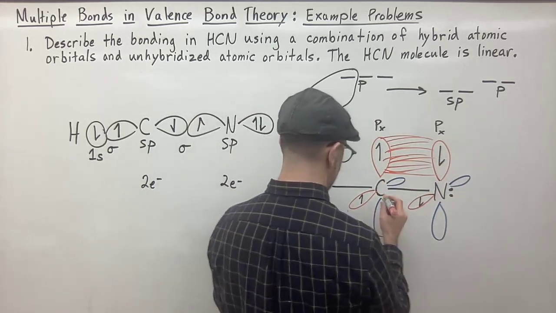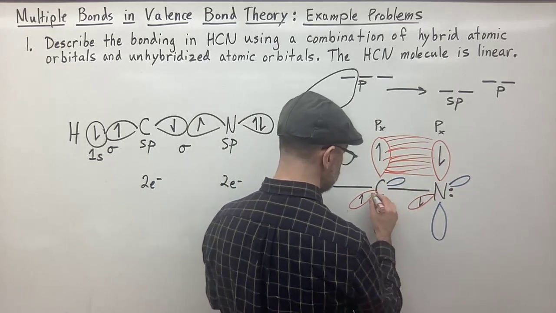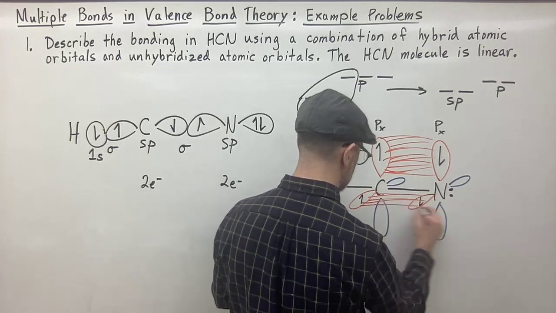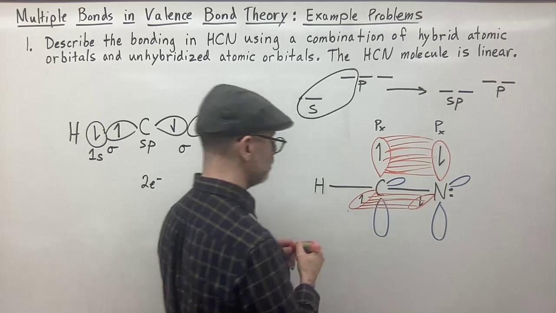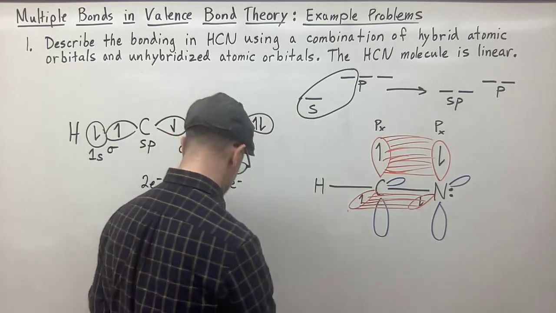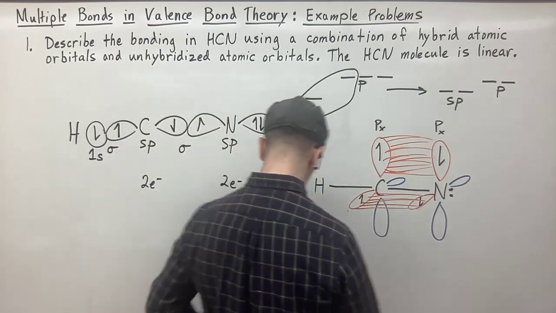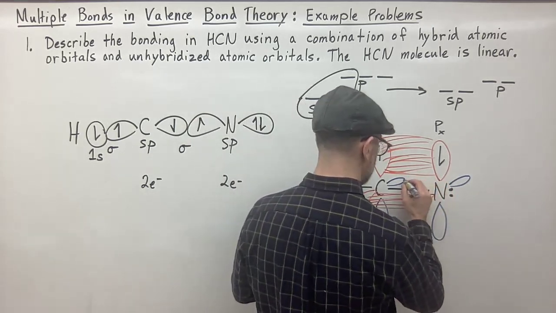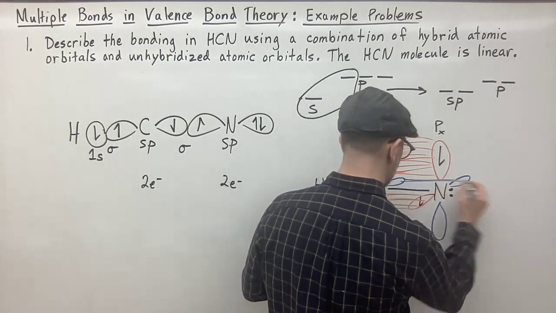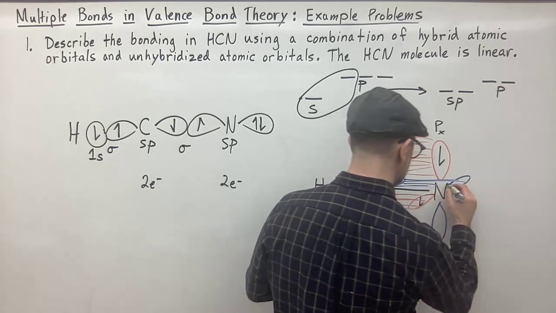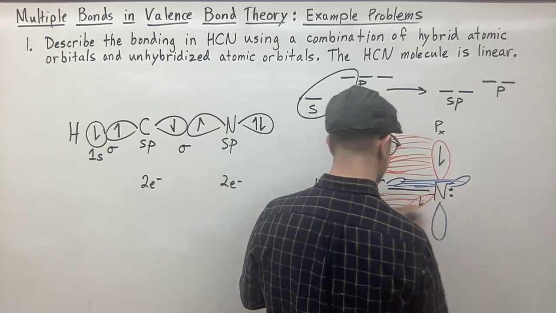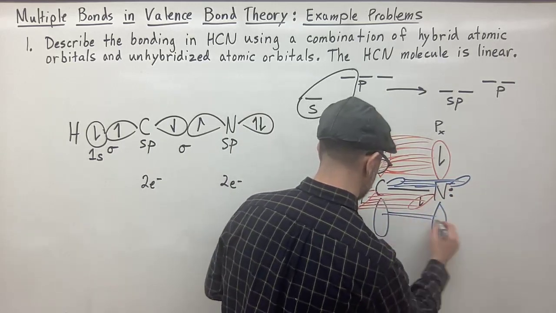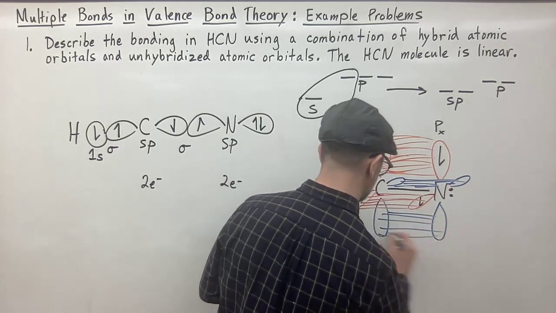And you're going to get that here as well. And then you're going to get that on the other side with the blue. So here you're going to get overlap. And then here you're going to get overlap as well.